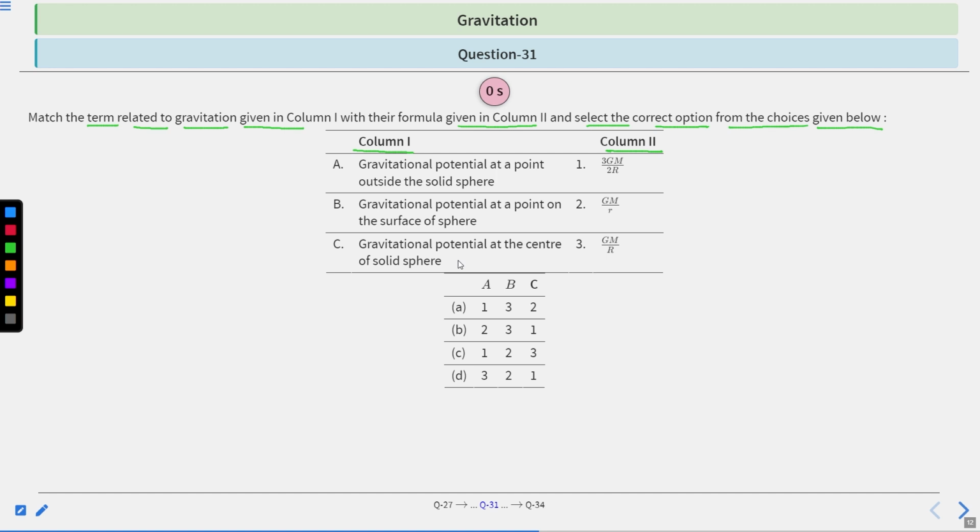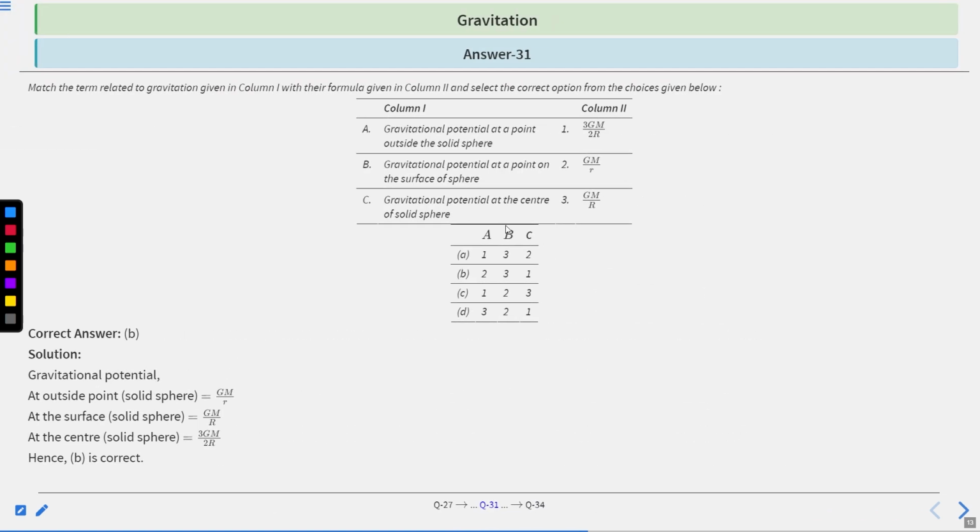Let's find a solution. So this is column first and this is column second. Clear? So gravitational potential at an outside point of a solid sphere is equal to GM by R. And at the surface of the solid sphere it is equal to GM divided by R. This is a formula based question.